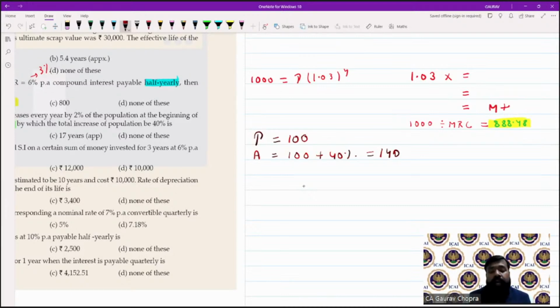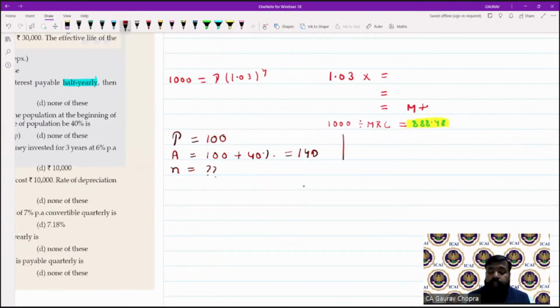So we have to find out the number of years, how many years it takes for the population to go from 100 to 140. Now the rate is 2% every year, 2% per annum. So we have to apply the formula for compound interest. So amount is 140, principal is 100, 1.02 to the power of n.